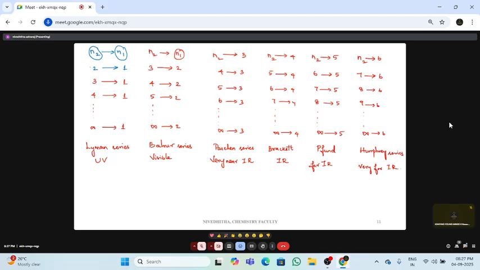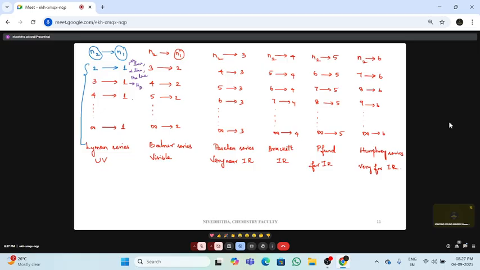This is the Lyman series, right, Kana? In the Lyman series, the electron comes from the second state to the first state, right? This is called the first line of the Lyman series, or alpha line, or H alpha line. This transition is called the second line of the Lyman series, or beta line, or hydrogen H beta line.